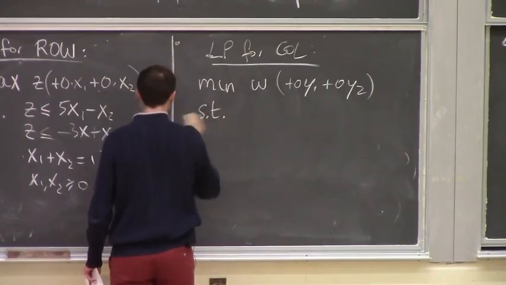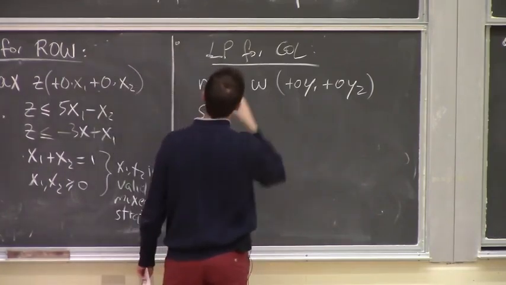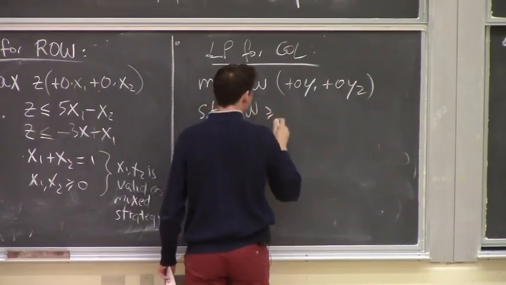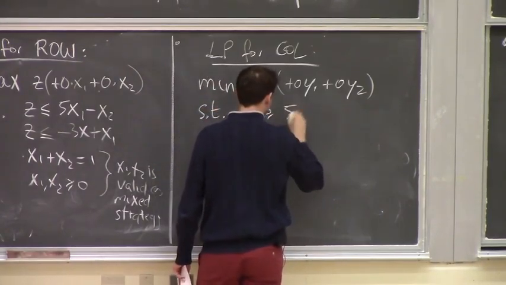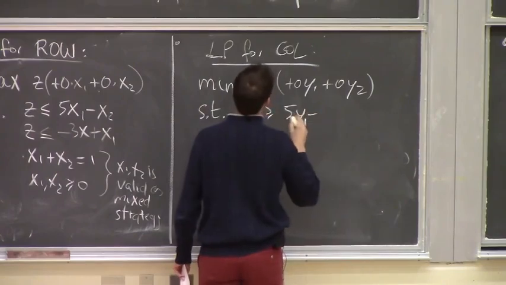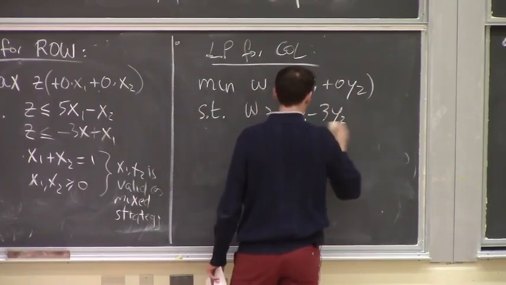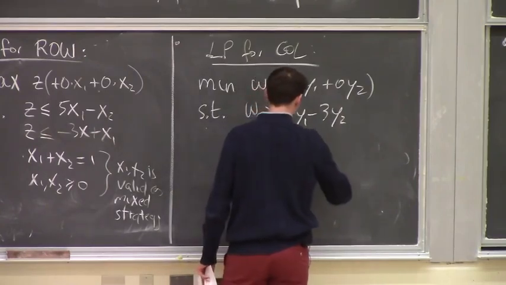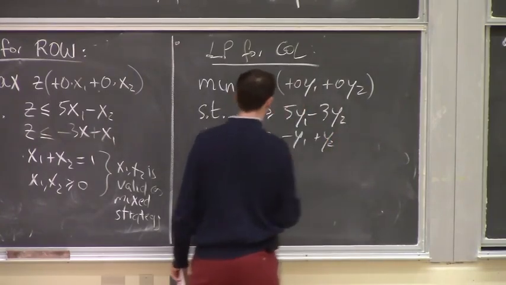Such that, and here I have the other trick. Now I want w to be at least 5y1 minus 3y2, and w to be at least minus y1 plus y2.